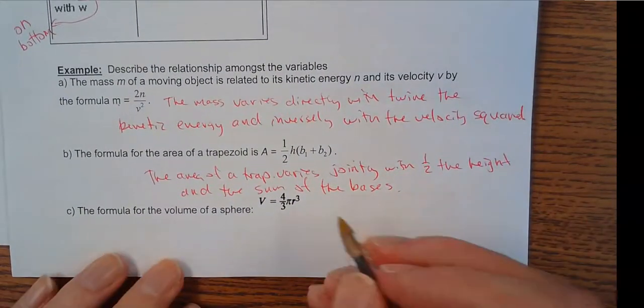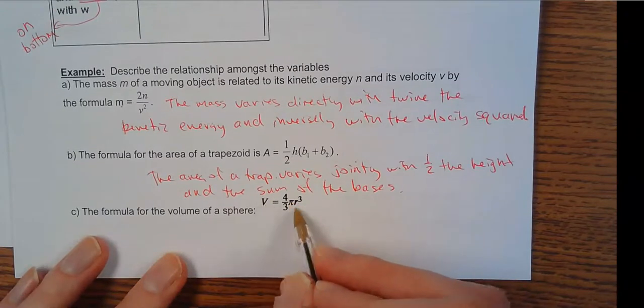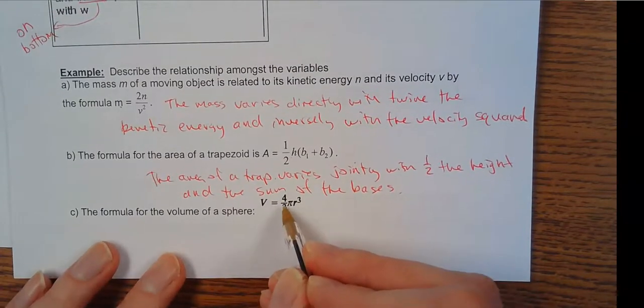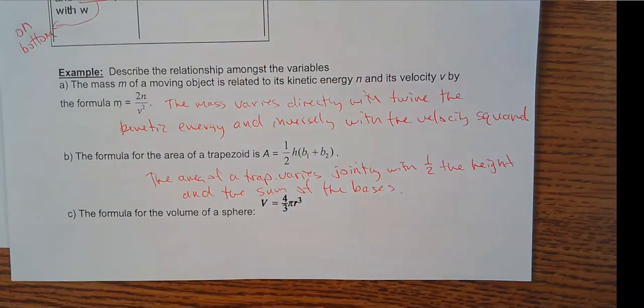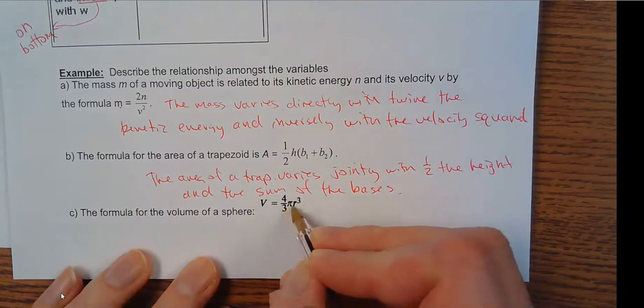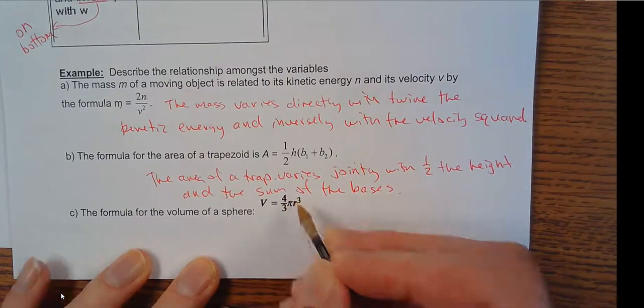Okay. Bottom one here, the only variable on the right side is r, because 4/3 and pi are constants. Because they're constants, they're just the k. So this right here is k, and I have r cubed.